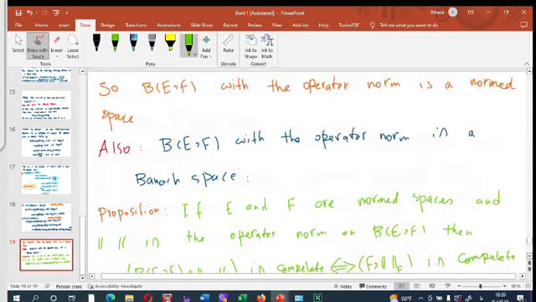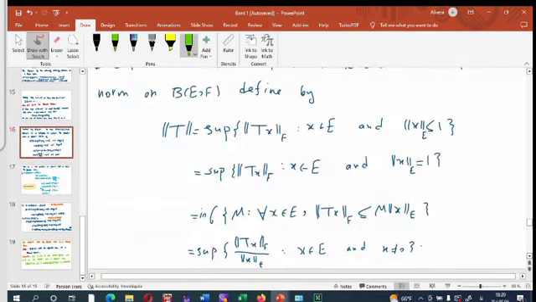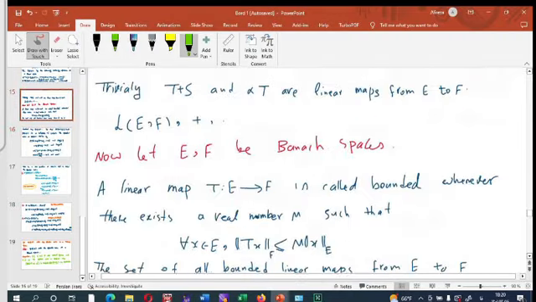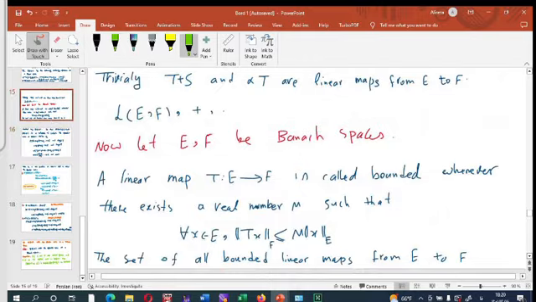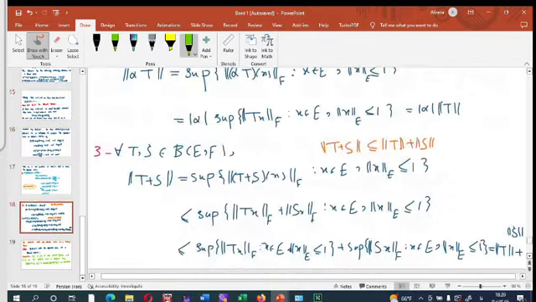In this case, because we consider these two as Banach spaces, so B of E and F is a Banach space. Okay?